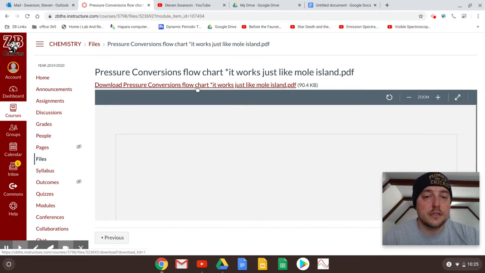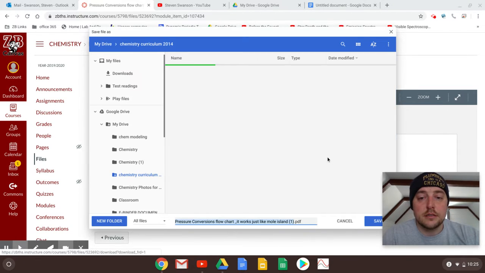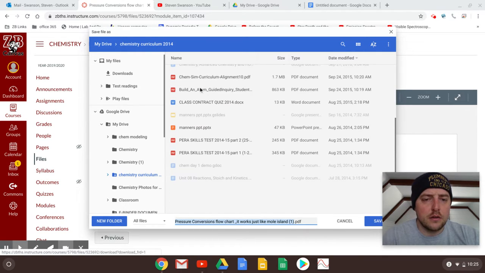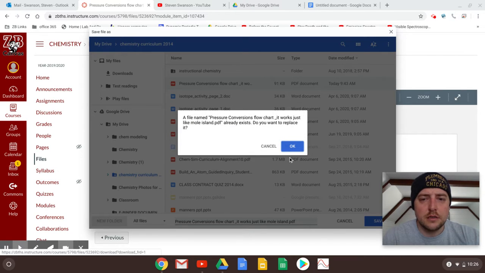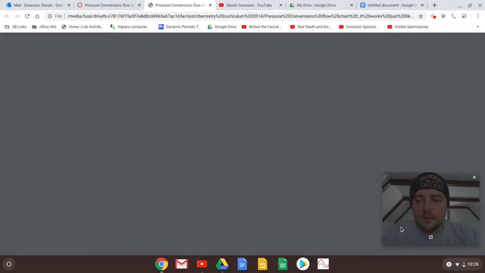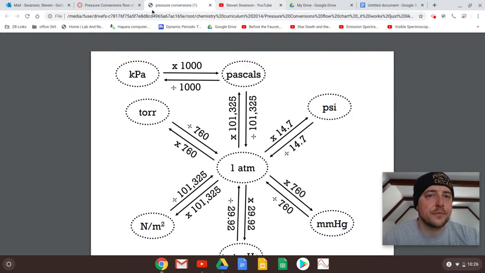I'm just showing this in case people don't know how to do it. Click on the top link so that you have it. It'll save. Looks like I already have this one. Then open it up in the folder and it's right there for you.